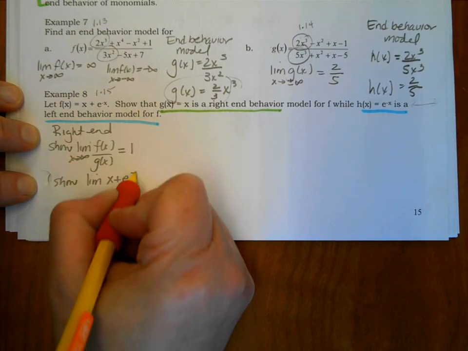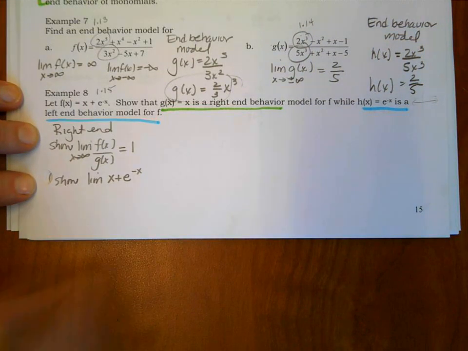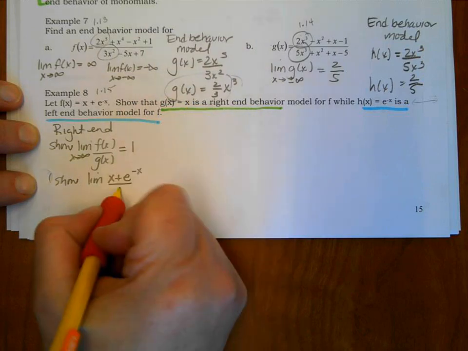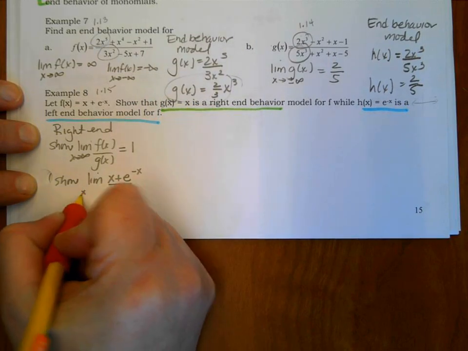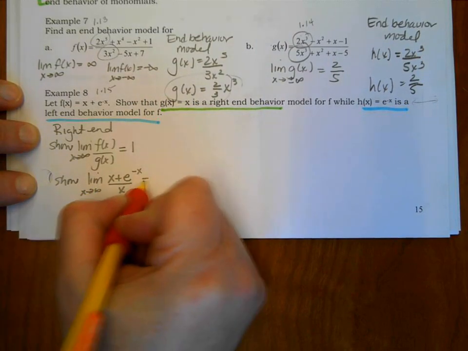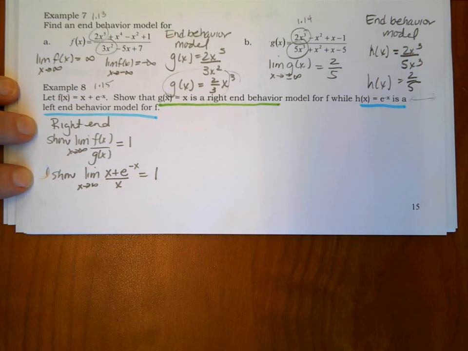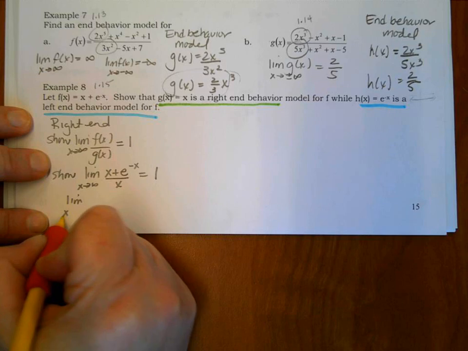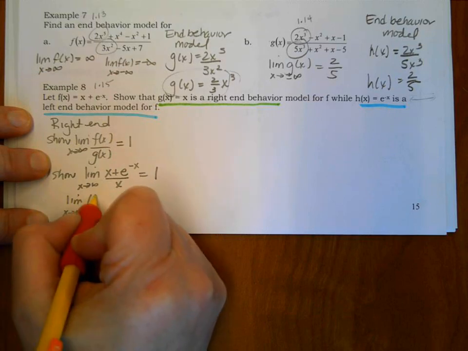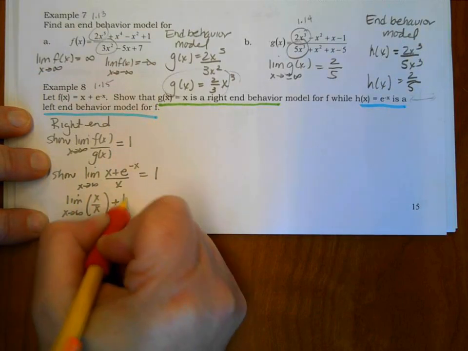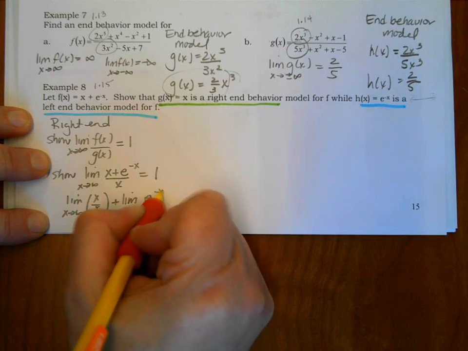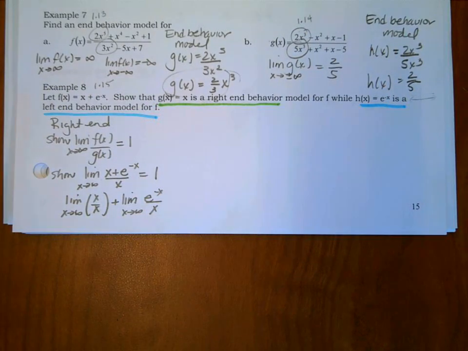So basically we need to show that the limit of f of x, which is this whole thing, divided by g of x, which is this x right here, which they said was the behavior model, as x approaches infinity, equals 1. And so the idea is that if we were to split this and rewrite it as the limit of x over x plus the limit of e to the negative x over x, that limit should be 1.